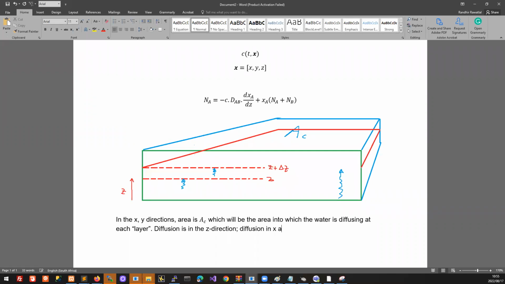Diffusion in X and Y is much lower than in Z, since the same concentration is expected, except at end points. And those we said are called end effects, right?